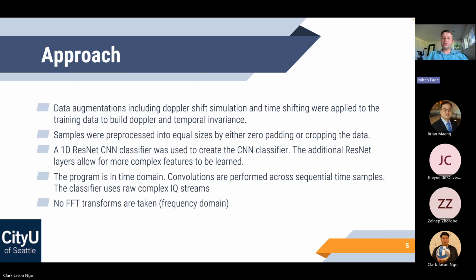A 1D residual network classifier was used since this allows for deeper training of the model. And the program is in time domain. Convolutions are performed across sequential time samples, and the classifier uses raw IQ data. Next slide.